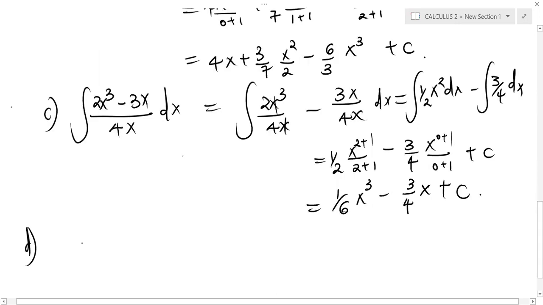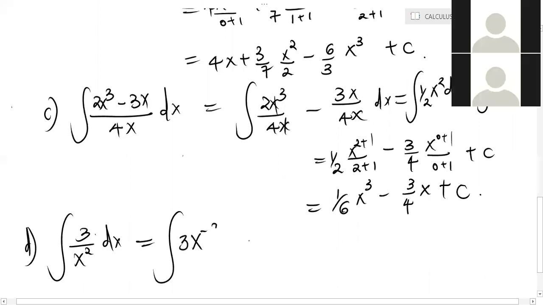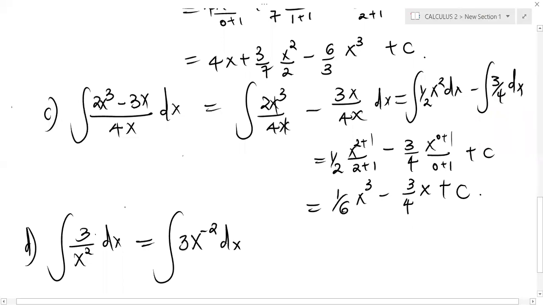Let's differentiate this as well. Sorry, integrating. So let's integrate this as well. Integral of 3 over x squared dx. Now, in order for us to integrate this, we'll first of all write it in the standard way. So bring x onto the numerator. It will be 3x raised to power minus 2 dx. Okay. So after that, use the standard way of integrating an algebraic function.